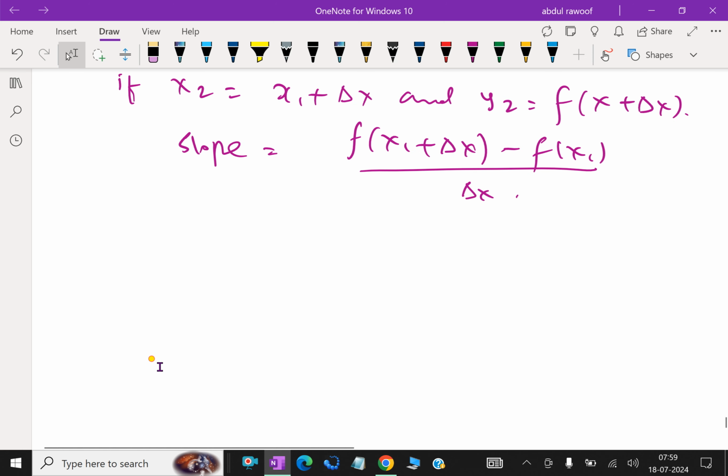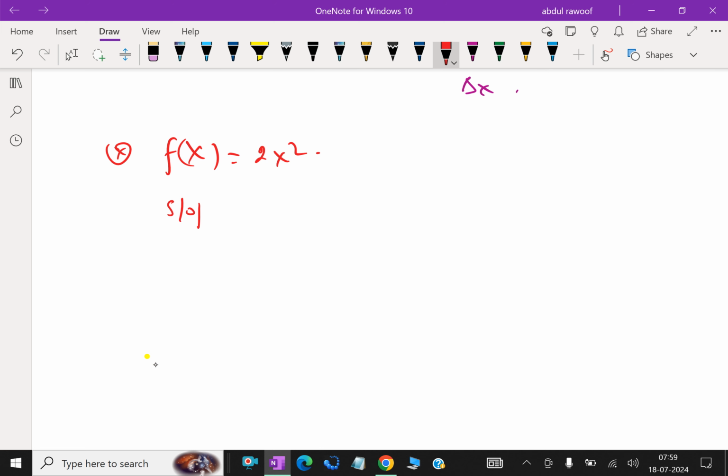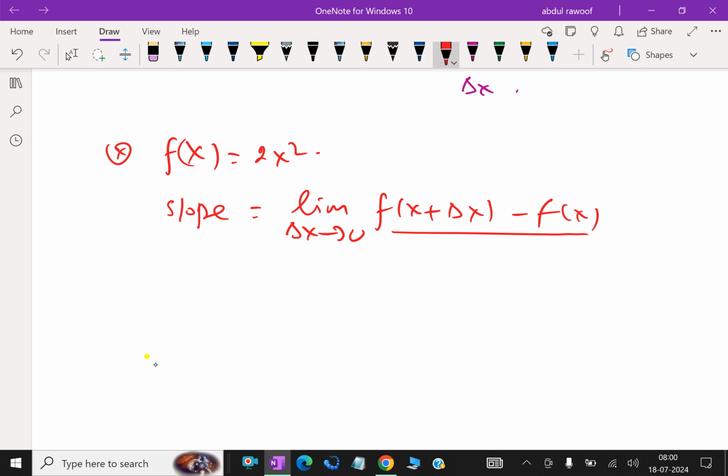For example, find the slope of f of x given as 2x squared. Employ the specific function in the algebraic formula. Then we put the slope here. Slope is equal to the limit as delta x tends to 0 of f of x plus delta x minus f of x over delta x.